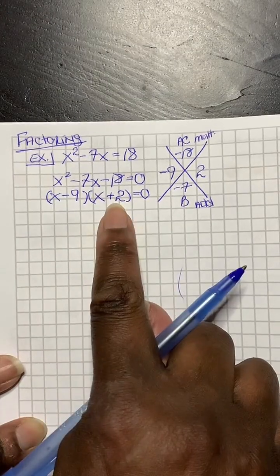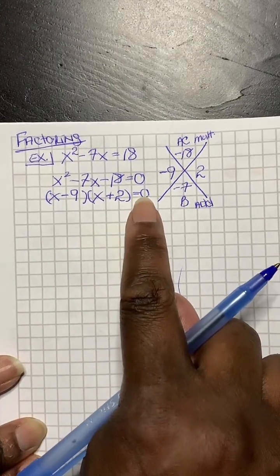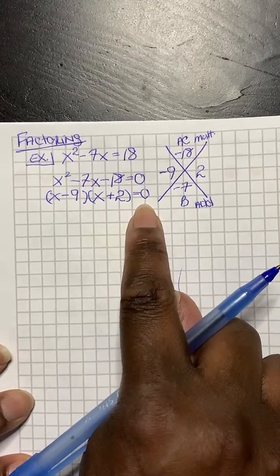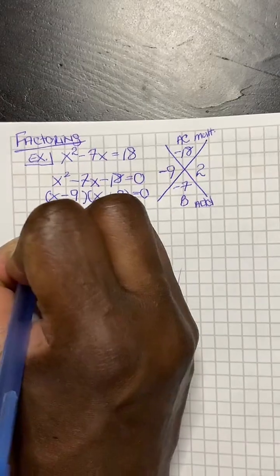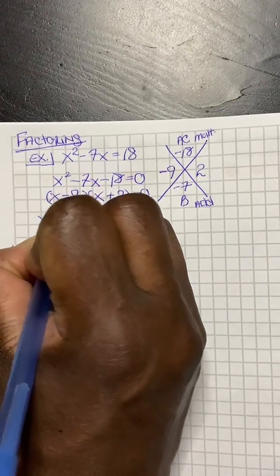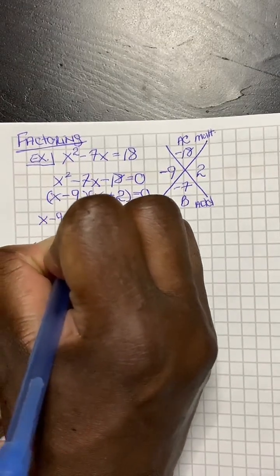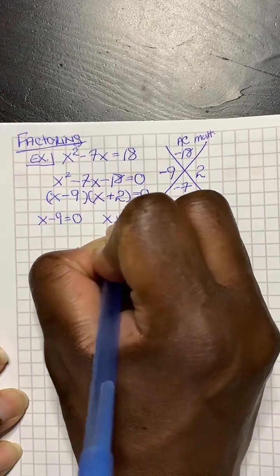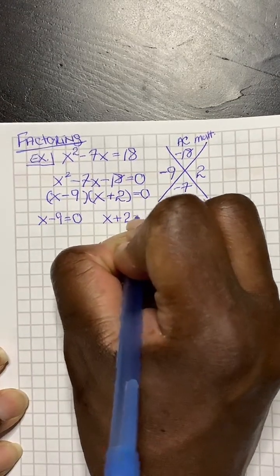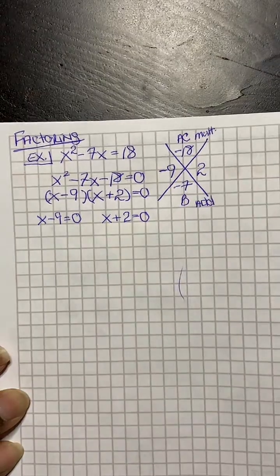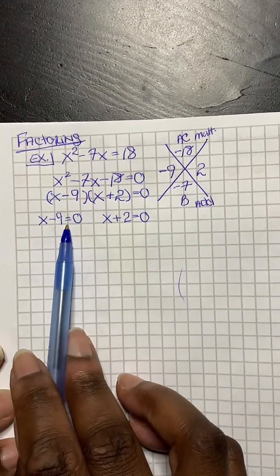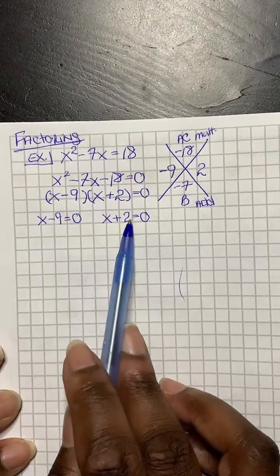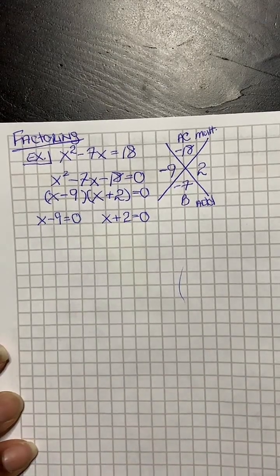This is factored. But since it's equal to 0, that means we're solving for x. And we're going to set each of those parentheses equal to 0. Okay, so we have x minus 9 is equal to 0, and x plus 2 is equal to 0.